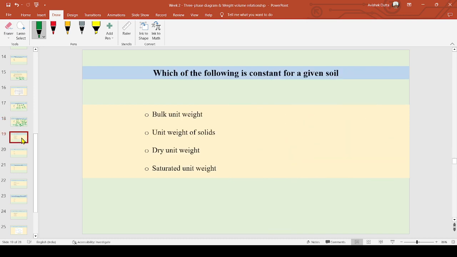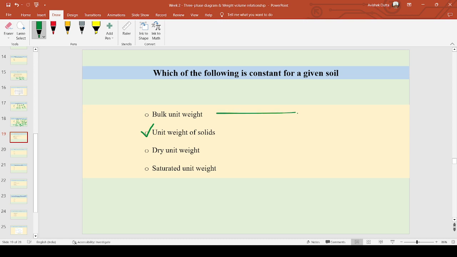Which of the following is constant for a given soil? Very easy question. What is the answer? Unit weight of soil solids. Isn't it? That was the answer, right? Yes, sir. Because bulk unit weight is what?